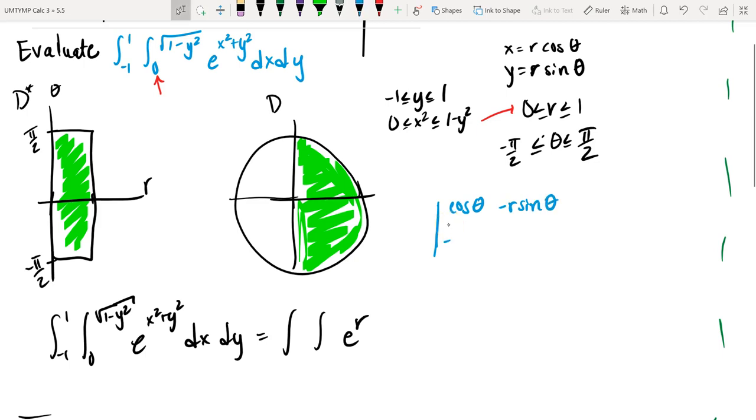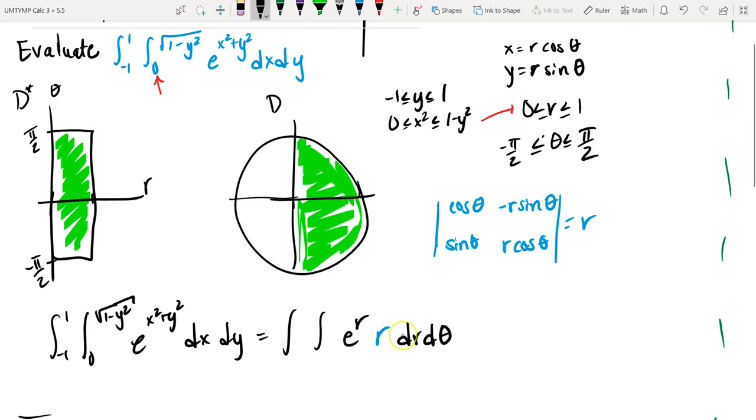And we get positive sine theta for the partial derivative of y with respect to r, and with respect to theta that becomes r cosine theta. And then when you take the determinant of this, you just get r. This is actually going to hold true in all cases. So then we end up with r dr d theta. You can reverse the order there if you want to, doesn't much matter.